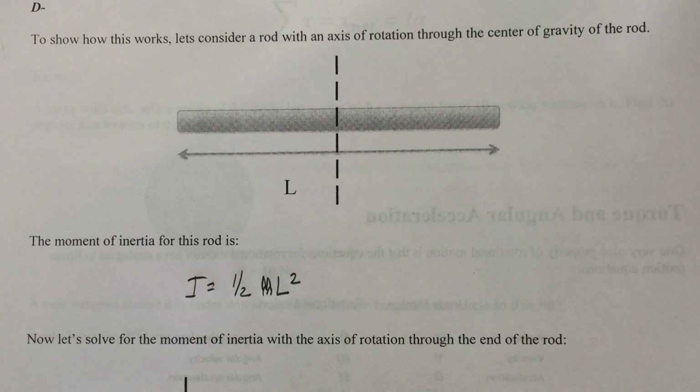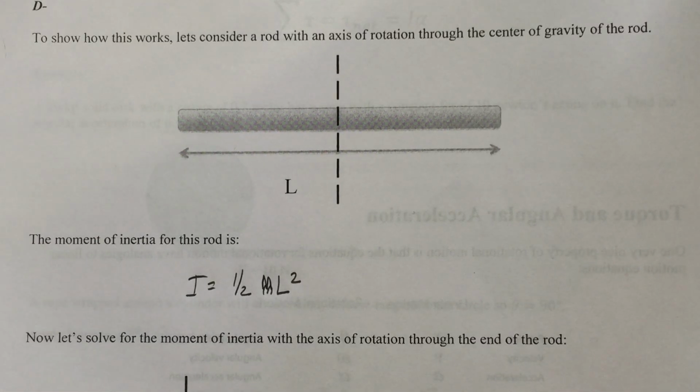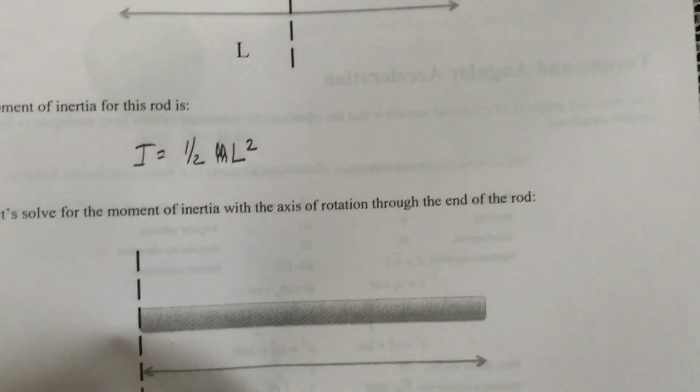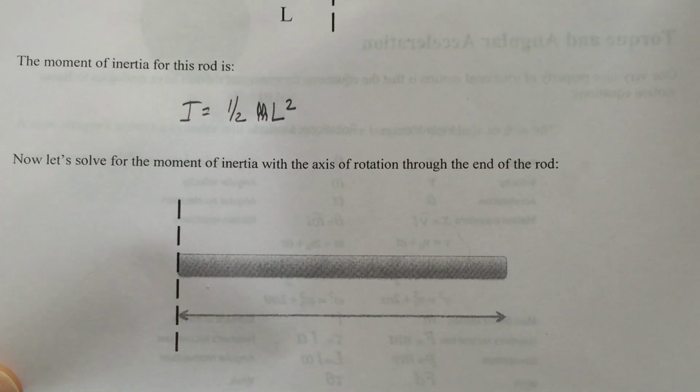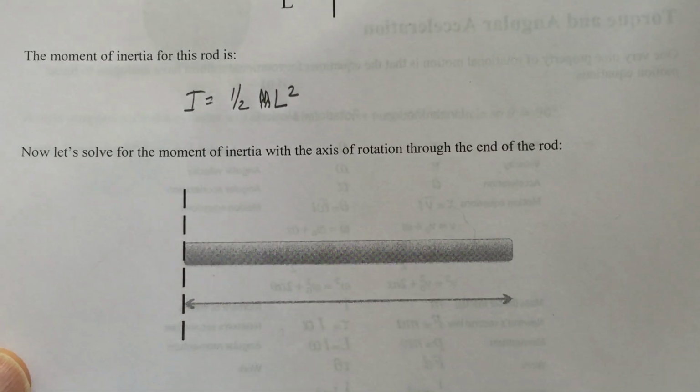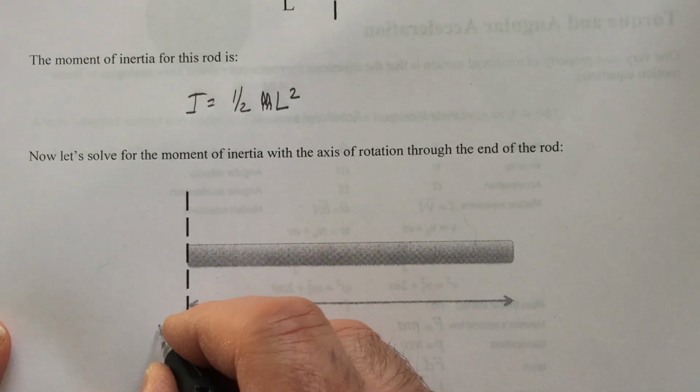Now, what we want to do is solve for the moment of inertia with the axis of rotation through the end of the rod. So this is our new axis right here.